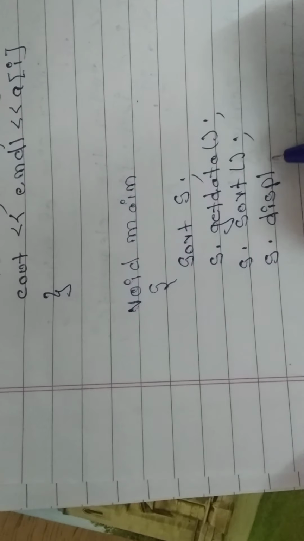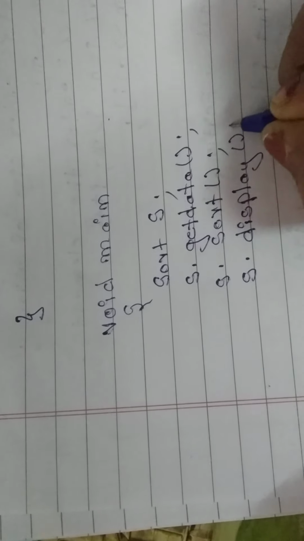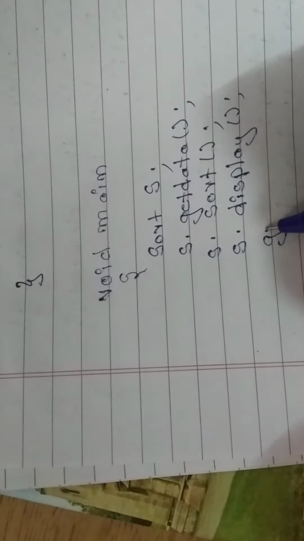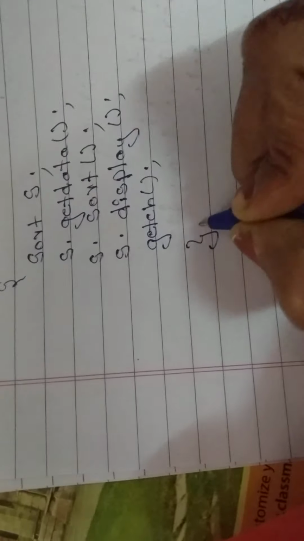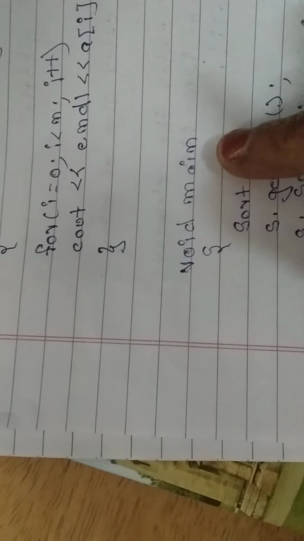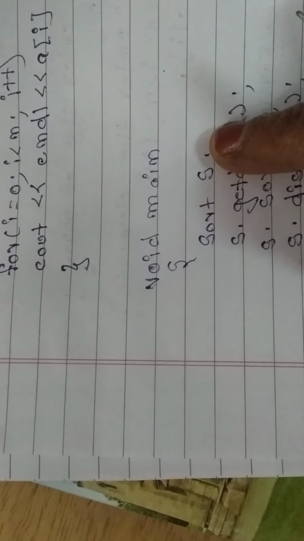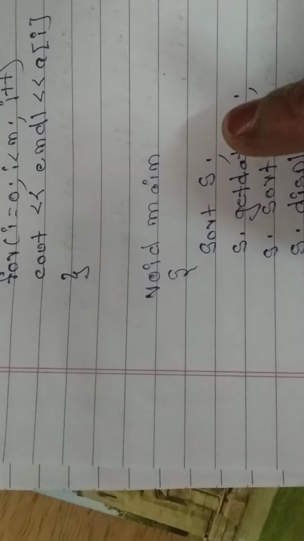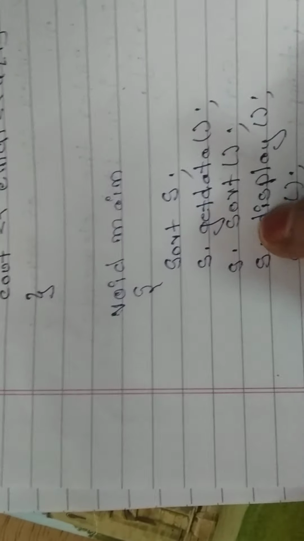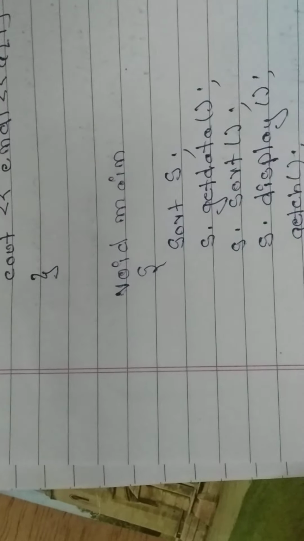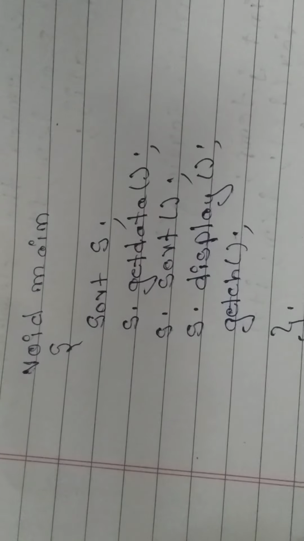Now getch of, and we closed it. So program execution starts here, object creation is done. It will go and execute the first part and come back, go and execute the second part and come back, go and execute the third part and come back. Getch means we will get the output. Thank you students.